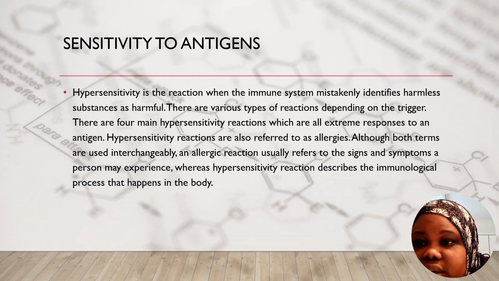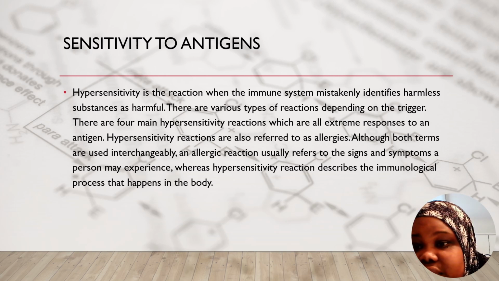Hypersensitivity can cause healthy cells to die in response to antigens, which can cause long-term damage to cells and tissues, resulting in various problems such as thrombocytopenia, autoimmune hemolytic anemia, and Graves' disease. There are just various types of issues that can arise from hypersensitivity to antigens.